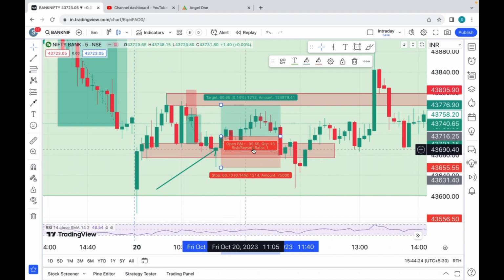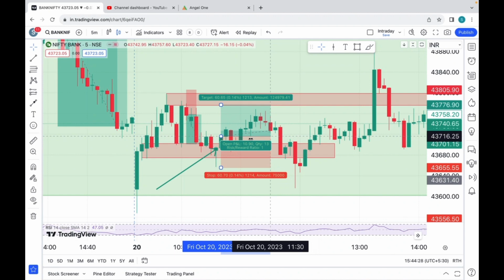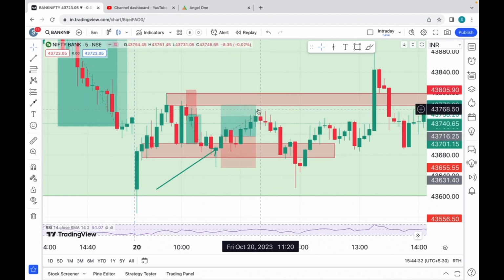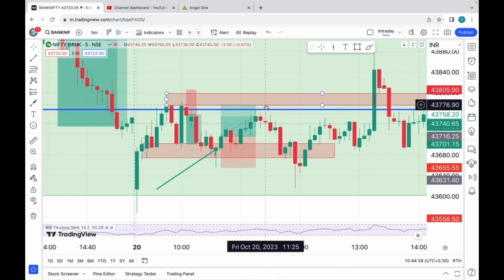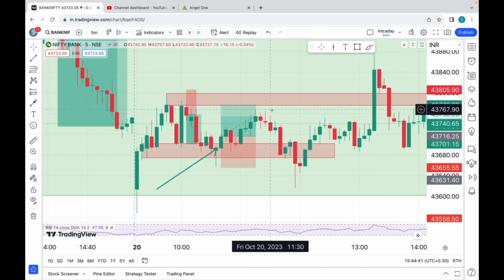Now your risk versus reward ratio is exactly 1 is to 1 here. And in this case, prices have gone almost near your target area till here, but didn't eventually reach this line.